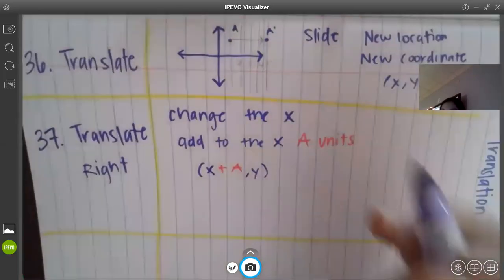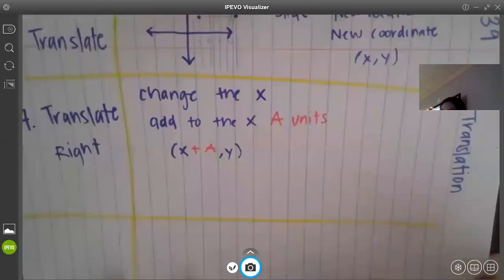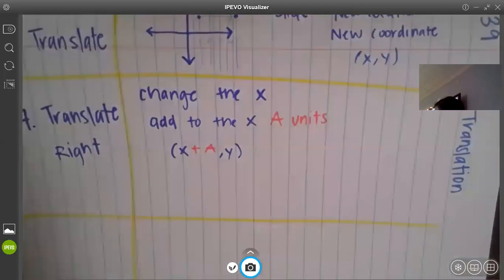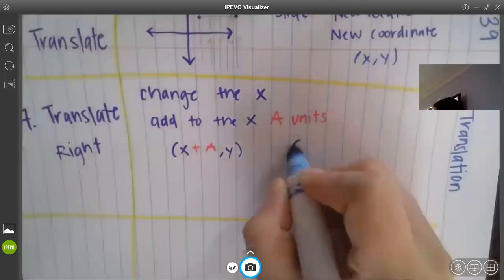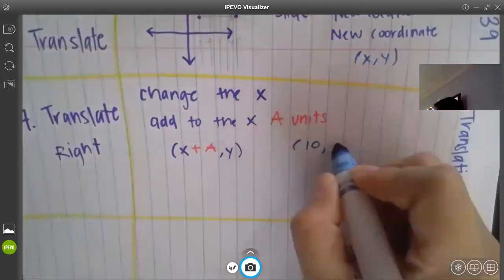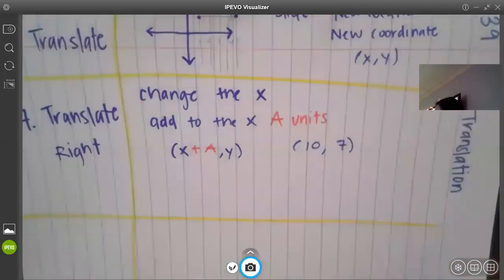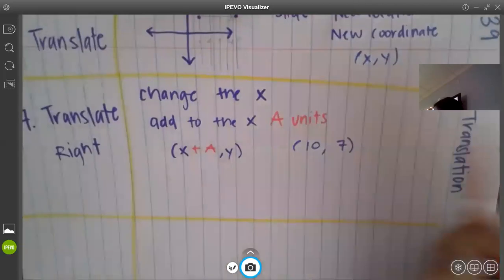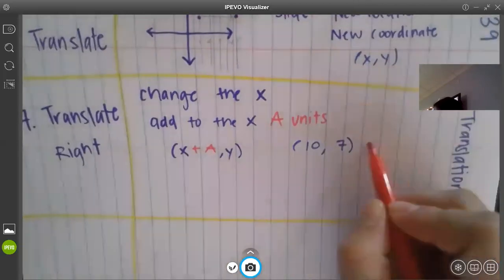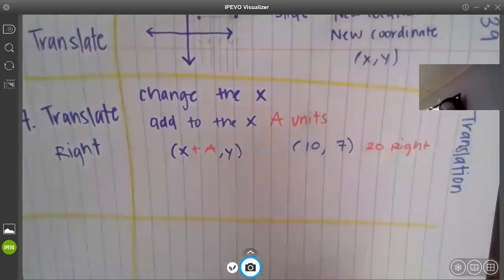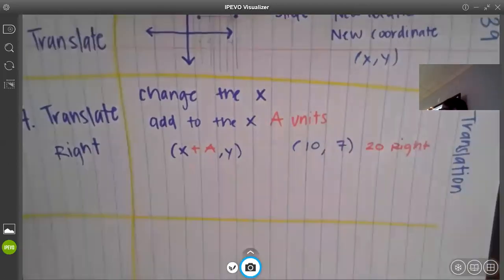All right, now we're going to do an example together. Can you give me a number, Luis? Sure. Give me a number, David. 7. Give me a number, Belkis. 20. Okay, so we're going to move 20 to the right.